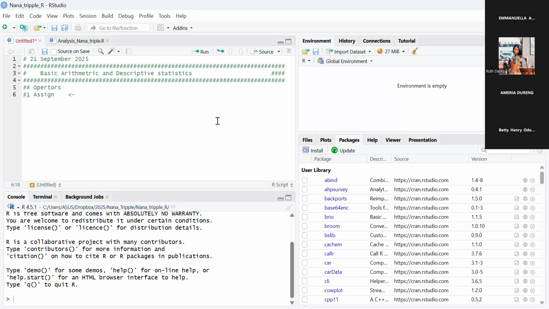In modern times, it is written using the equal sign. That is this. So you see, I'm even writing my lecture notes in R. You can do that if you want.